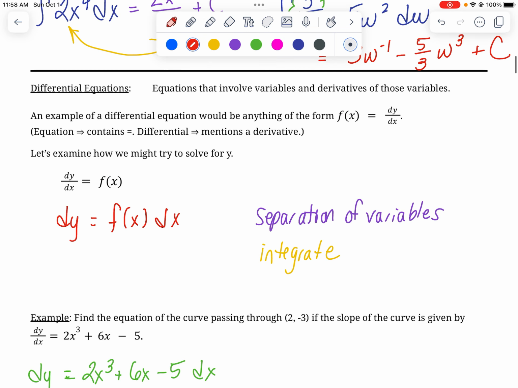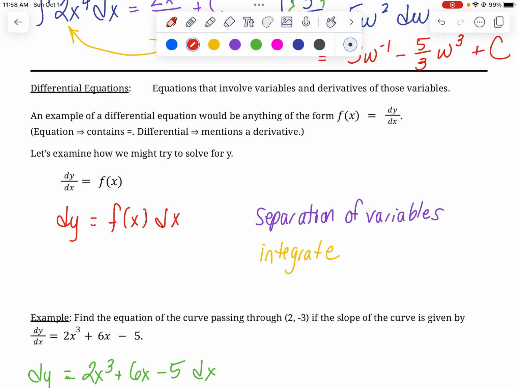This is just a quick mention of a topic that's going to be bigger in your life later on. If you have, and we actually saw this earlier already, a differential equation, it just is an equation that involves derivatives. Okay, that's all. So anytime we have something like dy/dx equals blah, blah, blah with x in it, what we would like to do as a way of solving it is to first do what's called separation of variables.